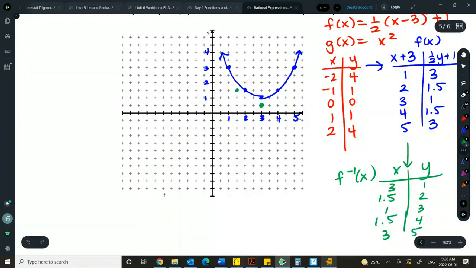1.5, 2, 1, 3, and then, did I do something wrong here? 1.5, oh yeah, and then 1.5 and 4, yeah, that's fine, that's 5.